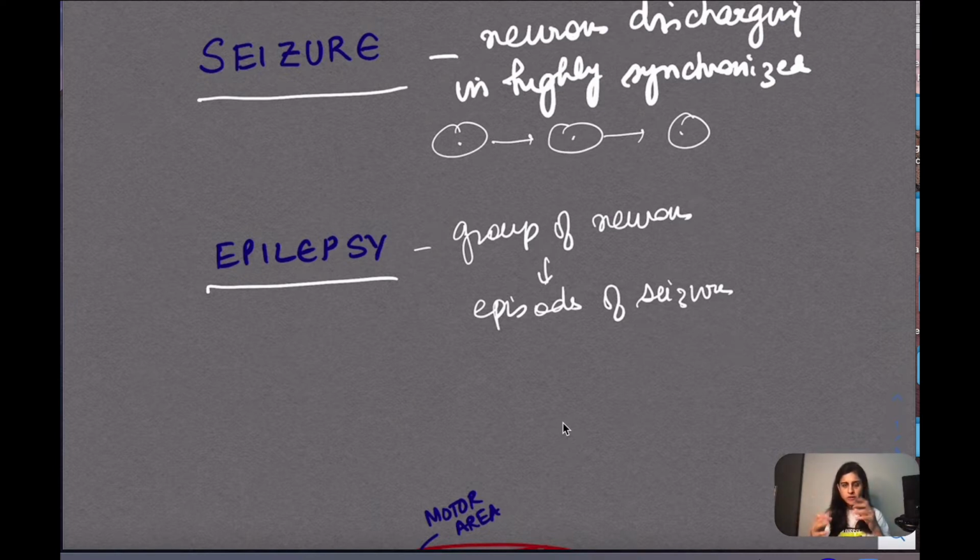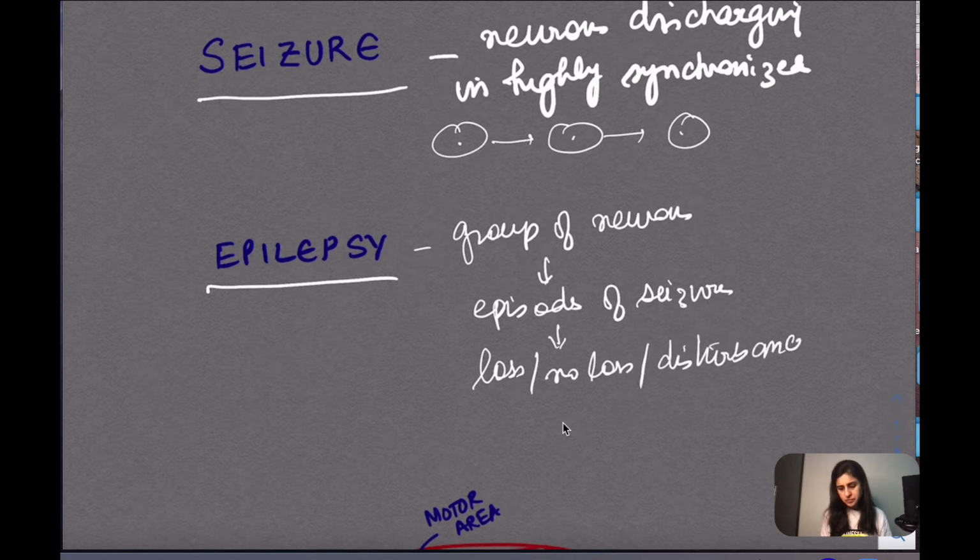So episodes of seizures are occurring, and there can be disturbance in the consciousness of the person. The person can have loss or no loss or disturbance in the consciousness.